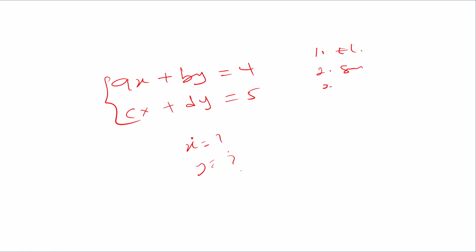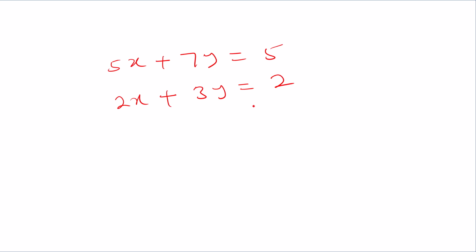Now with the idea of the elimination method, in case we're given two equations, say 5x plus 7y equals 5, and 2x plus 3y equals, let's say, 2. We have equations 1 and 2, and we are asked to solve using the elimination method.